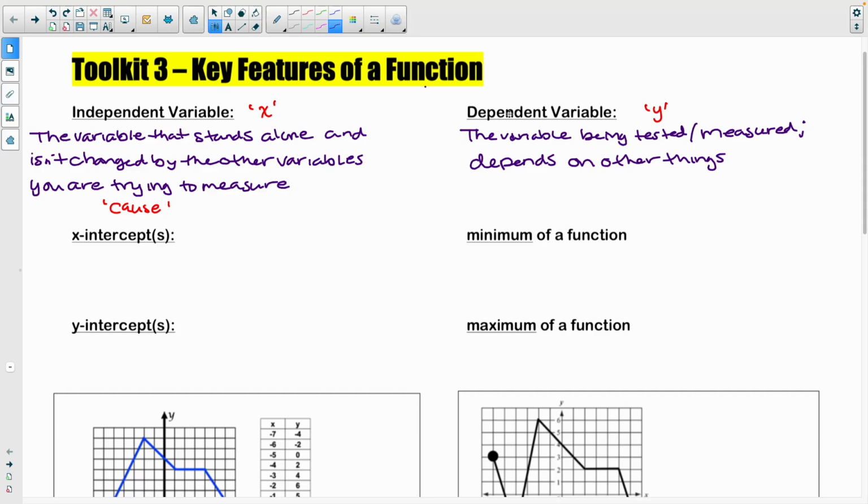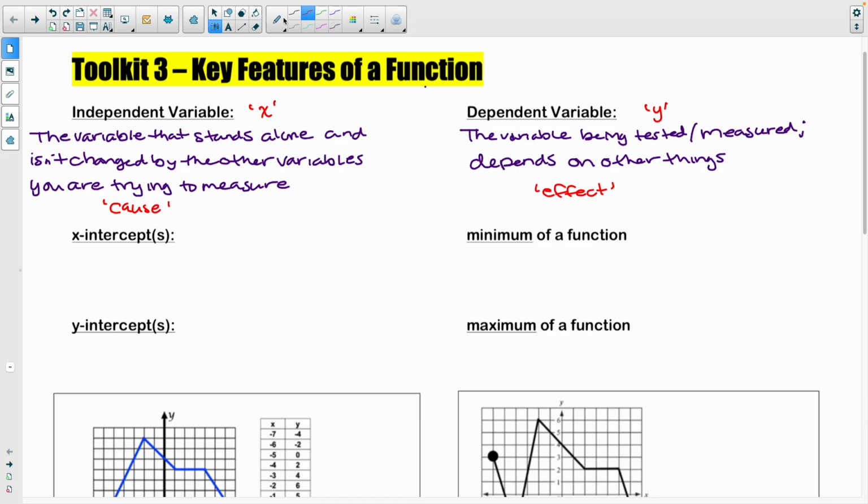So this is the variable that will change. And in the case of cause and effect, this would be the effect. Something happens because of the independent variable. So the dependent happens because of the independent variable.